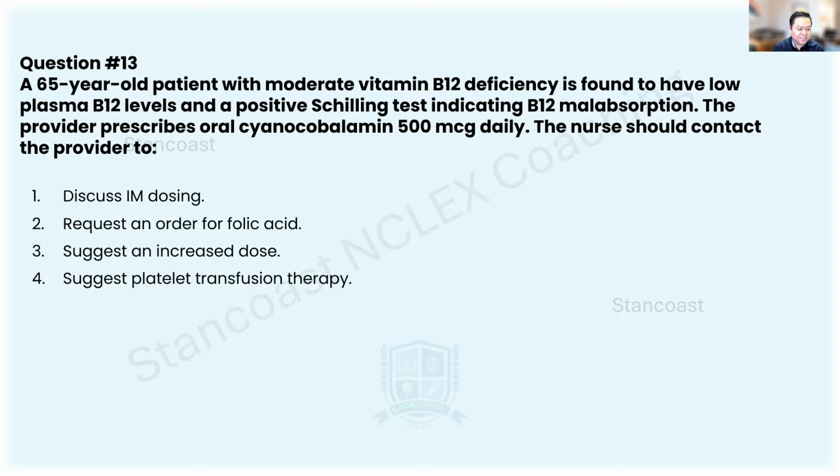All right. Okay, let me reread the question. A 65-year-old patient with moderate vitamin B12 deficiency is found to have low plasma B12 levels and a positive Schilling test indicating B12 malabsorption. The provider prescribes oral cyanocobalamin 500 micrograms daily. The nurse should contact the provider to 1.